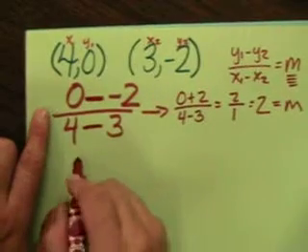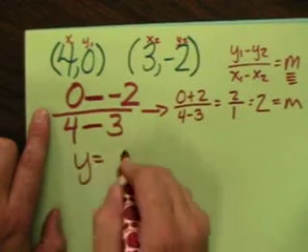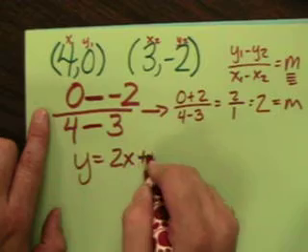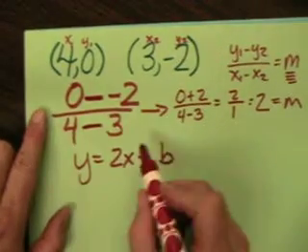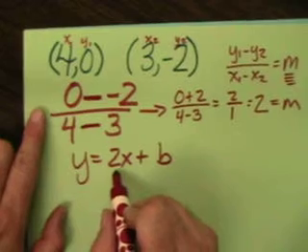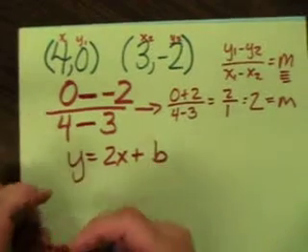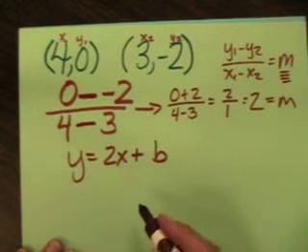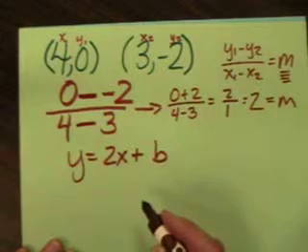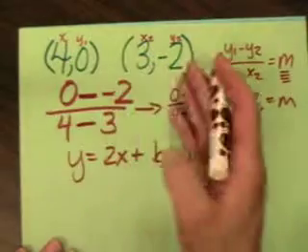I can write my equation, y equals 2x plus b. I don't know what the y-intercept is yet, but I do know that the slope, or the rate of change, is 2. So now I'm going to go through and find the y-intercept. That is a matter of plugging one of the 2 points in.